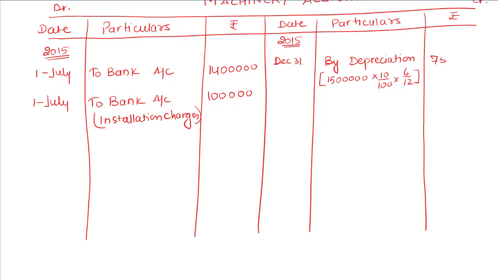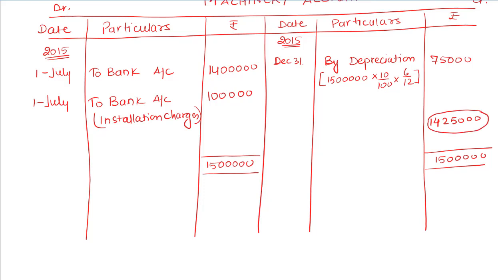So this would be 75,000. Let us do the totals first. So total is 15 lakhs. On the credit side, 15 lakhs minus 75,000 is 14 lakh 25,000, by balance carried down.